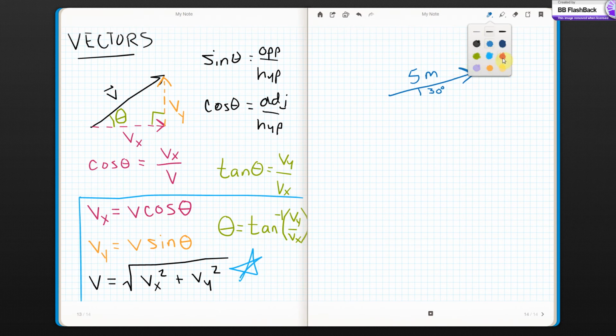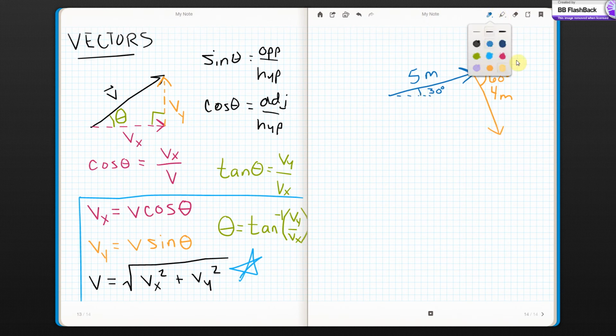And then let's add to it, how about 4 meters? And that makes an angle of 60 degrees to the horizontal. Should put a little dotted line in here too for you guys.